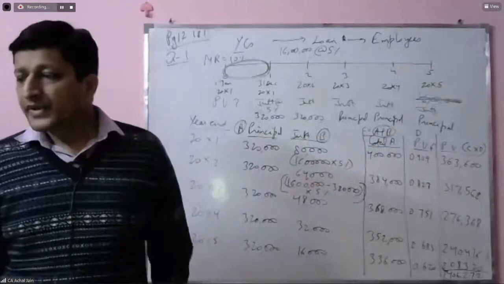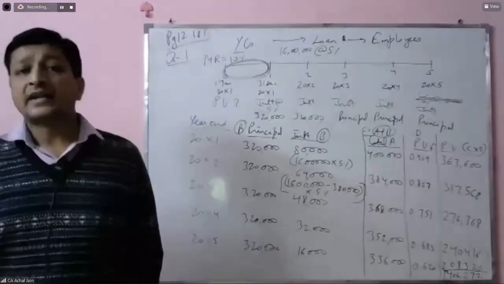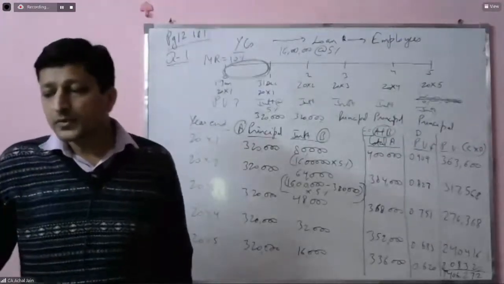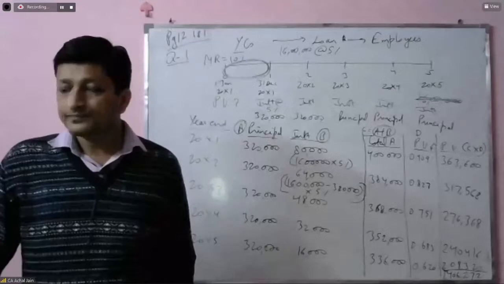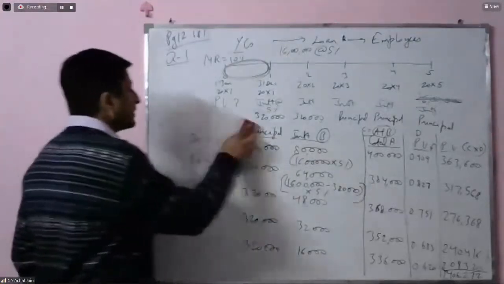So first of all, we can record the accounting entries at the time of initial measurement, and then we can move on to the subsequent measurement also. So I'll clear this part now.